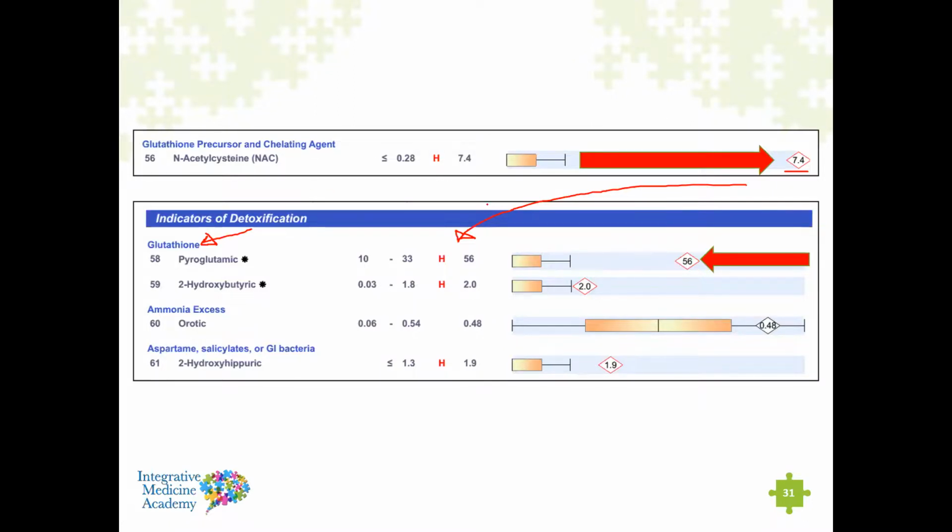As we can see in this particular circumstance, we've got high N-acetylcysteine, high pyroglutamic. The high pyroglutamic is showing us that we have a glutathione deficiency, and we have a high level of 2-hydroxybutyric, which means the body is prioritizing, trying to make more glutathione. It's trying to pump more of it out, and in the process, we're getting an elevation of 2-hydroxybutyric as a reflection of that reaction.